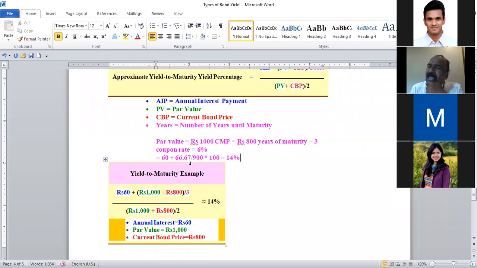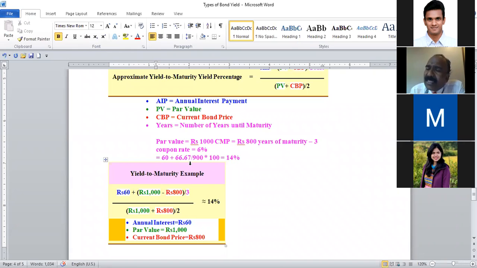The correct one you need to calculate by the trial and error method, as we did for IRR: get one higher value, get one lower value, then go for interpolation. By interpolating, you can calculate the exact value. That we will take up in the next session.